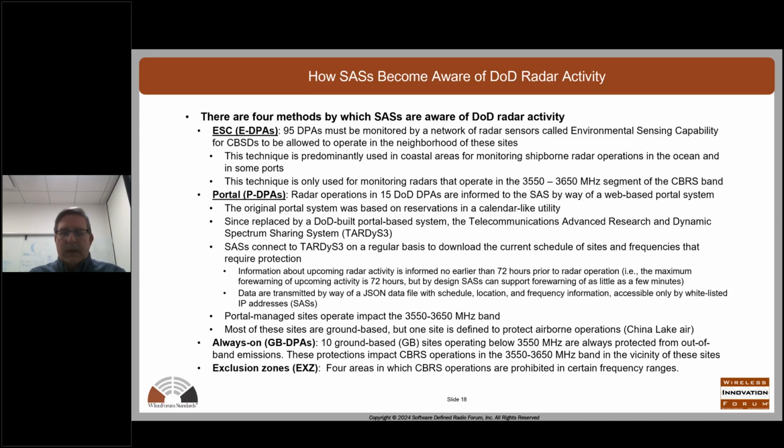So we don't have a lot of CBSDs that are impacted by those always on ground-based DPAs. And then finally, there are 4 areas the DoD has defined that are exclusion zones, where in particular frequency ranges we're never allowed to operate. And I'll show maps here in a minute. So next slide, please, Lee.